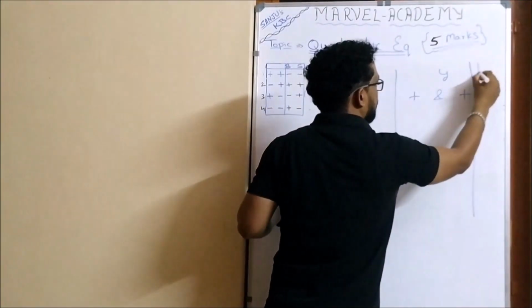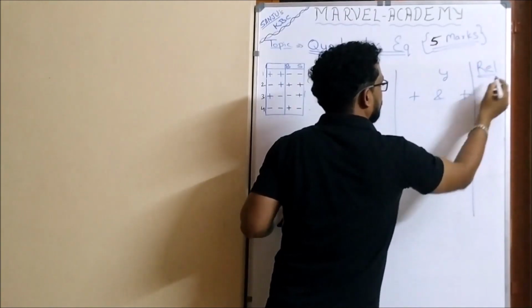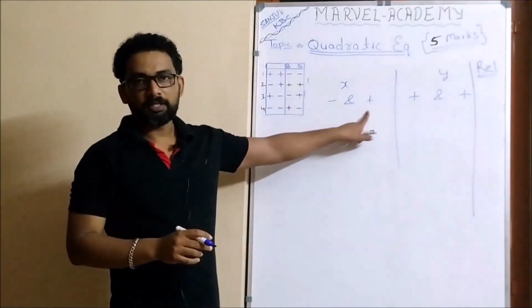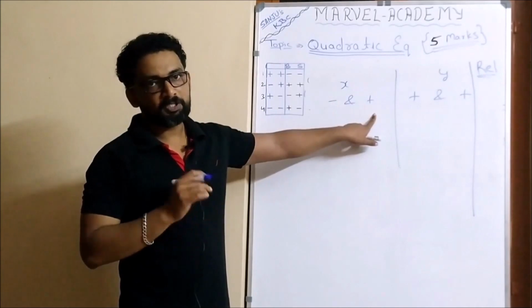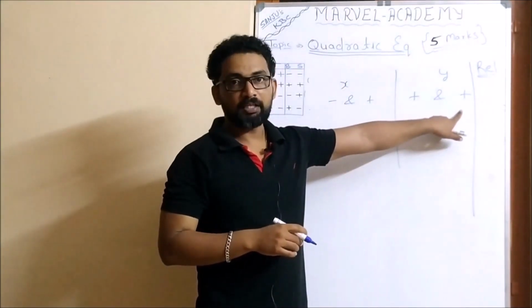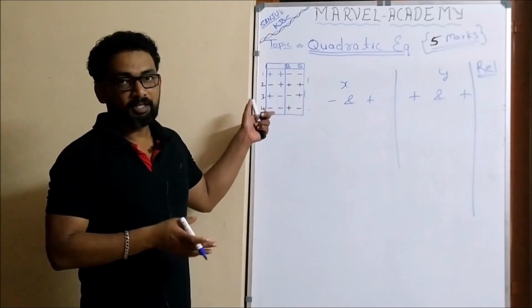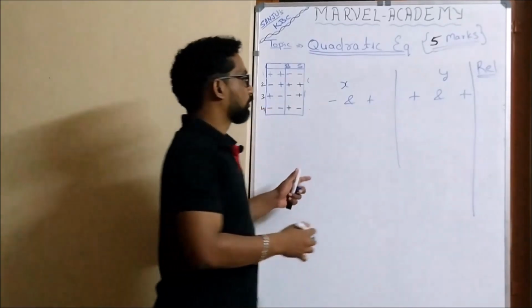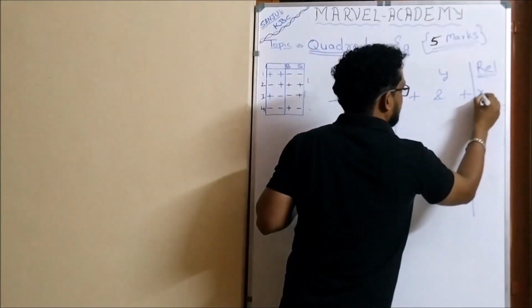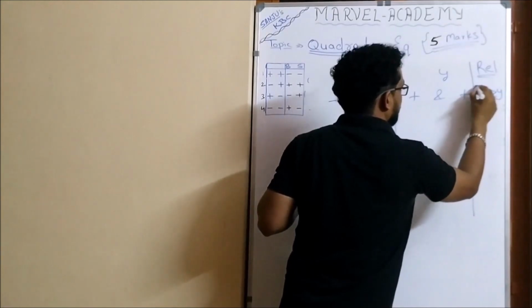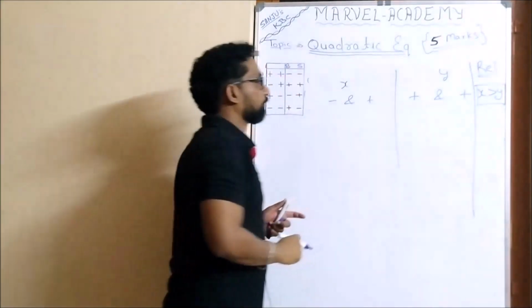So the relationship is: minus plus definitely gives plus plus, and plus plus definitely gives minus minus. We can get that value from this table. So here we can directly say that x is always greater than y.